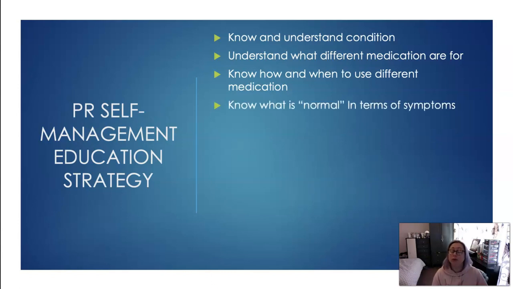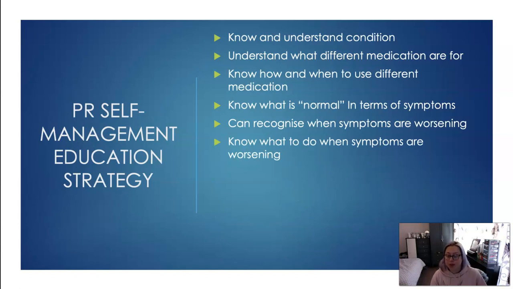Do they know what's normal in terms of symptoms? Again, what are their normal symptoms and what might be a symptom that's over and above, or a new symptom, or might be a symptom of something else? That they can recognise when these symptoms are actually getting worse, so we can support our patients to say, right, at this point we now need to get further support or further medication or further guidance.